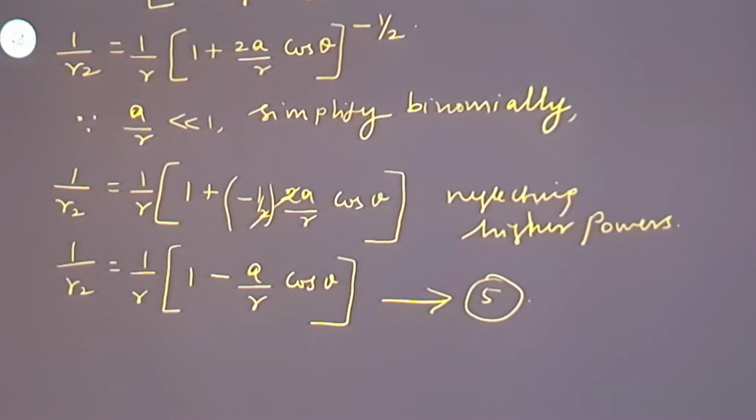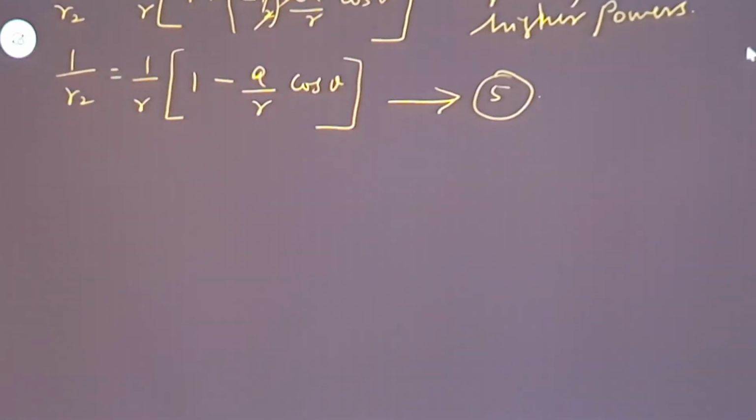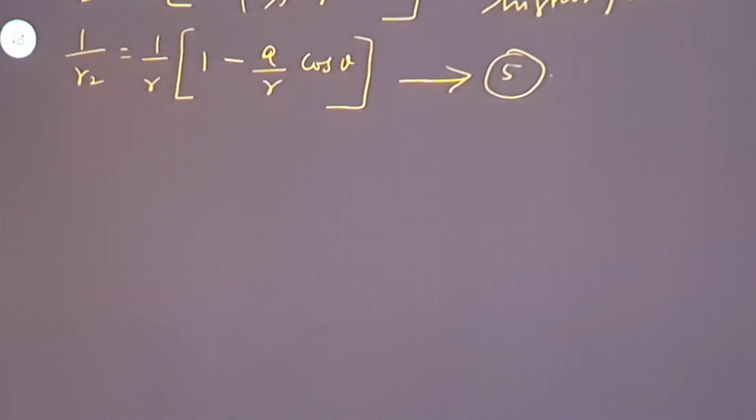See, in equation 4, we have got the expression for 1 by R1, and in equation 5, we got the expression for 1 by R2. Now, you take your notebook and consider the equations 3, 4 and 5.